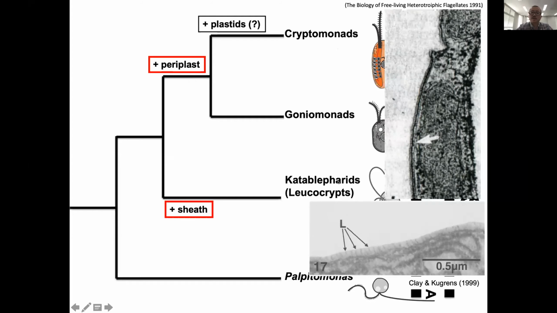On the other hand, the cell of katablepharids is covered by a sheath structure like this. This is the cell membrane, and this area is the sheath structure. This characteristic was only found in katablepharids, and not in palpitomonads, cryptomonads and goniomonads. So this characteristic was acquired at the ancestor of katablepharids, and Palpitomonas is naked.